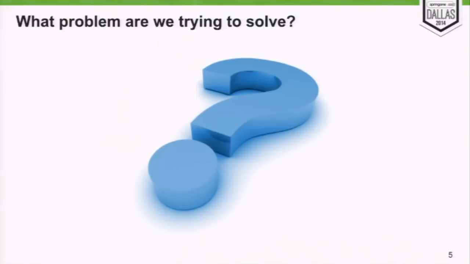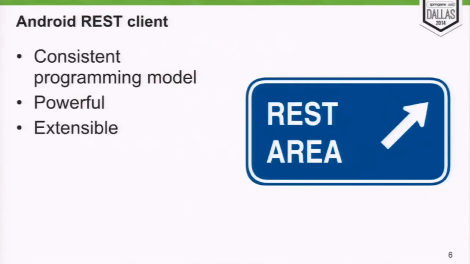We've got a really nice REST client built into Spring Framework. It's called RestTemplate. And we decided it'd be really nice to try and port that over to Android. So we've got a common, if you will, consistent programming model. And that's essentially at the heart of what the Spring for Android project provides: a consistent programming model with Spring Framework. It offers the RestTemplate class. It's powerful, it's extensible.